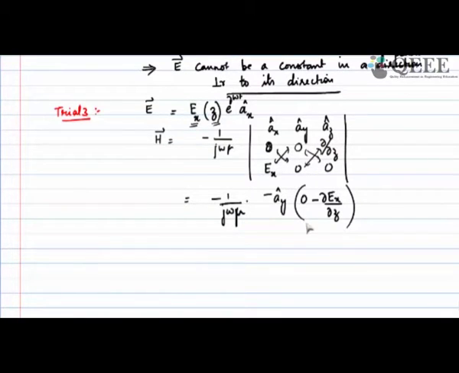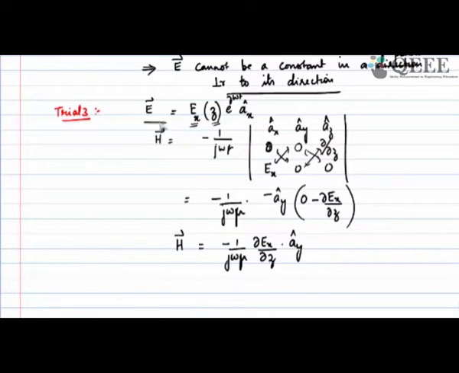What survives is the y component. So you have 3 negatives, so I will end up with minus 1 by j omega mu, del Ex by del z, times ay. This is fine.